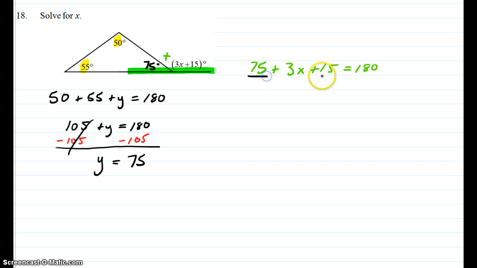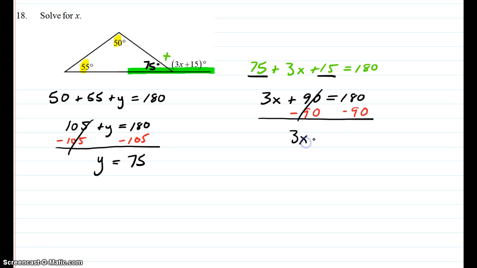We can combine our 75 and 15, and there's nothing to combine 3x with, so that's going to give us 90. Now we solve. We minus 90 from both sides, and this goes away, so we get 3x equals 90.